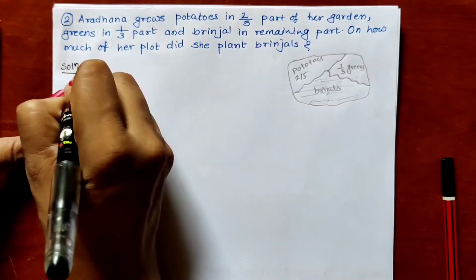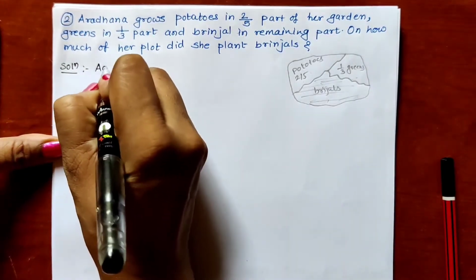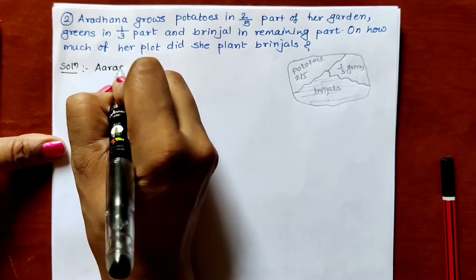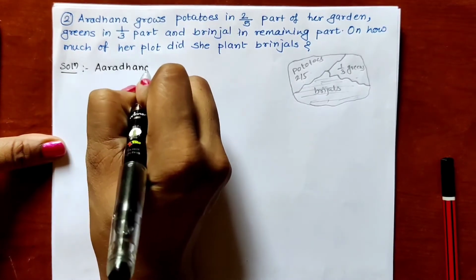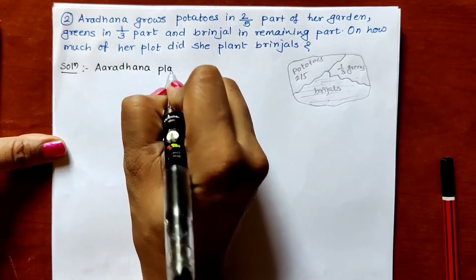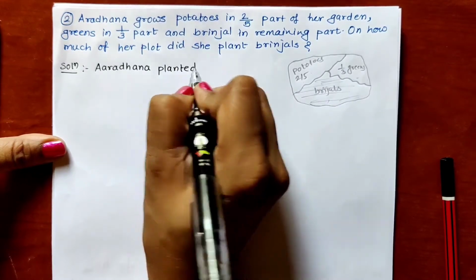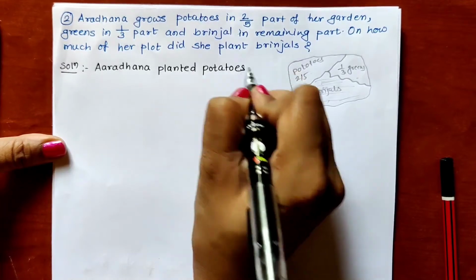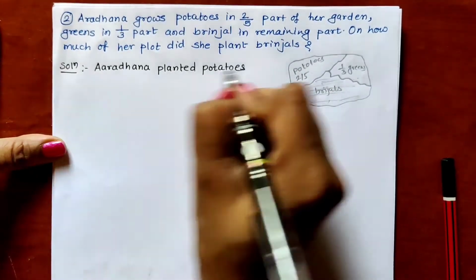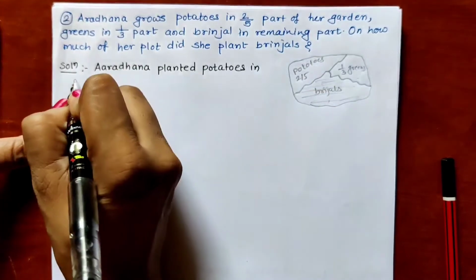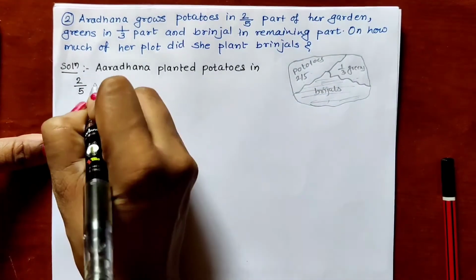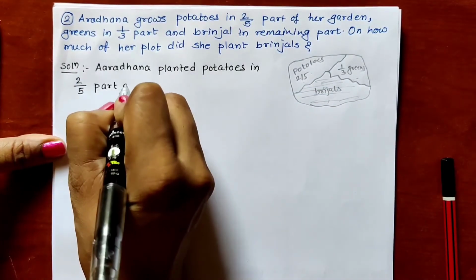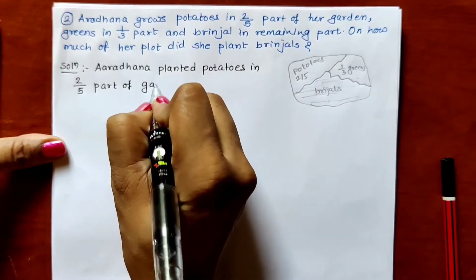Solution: Aradhna planted potatoes in 2/5 part of garden.